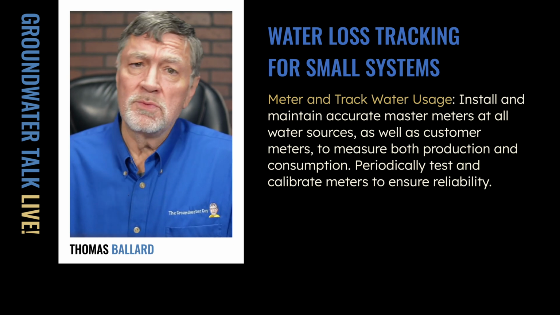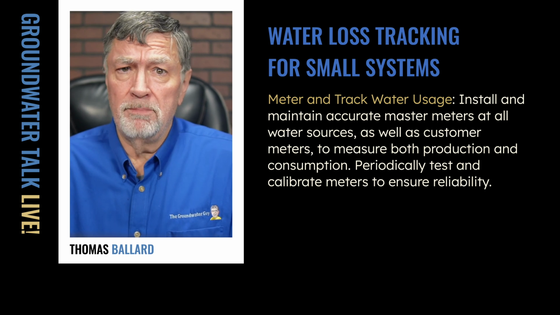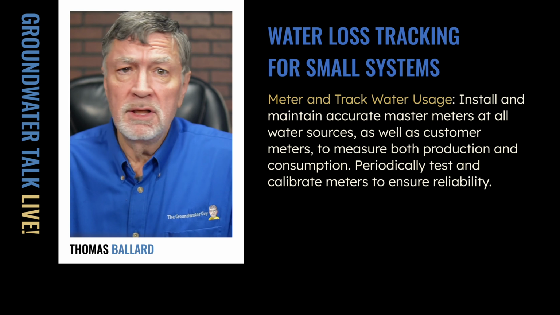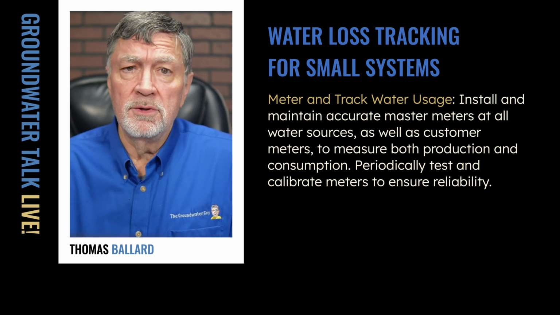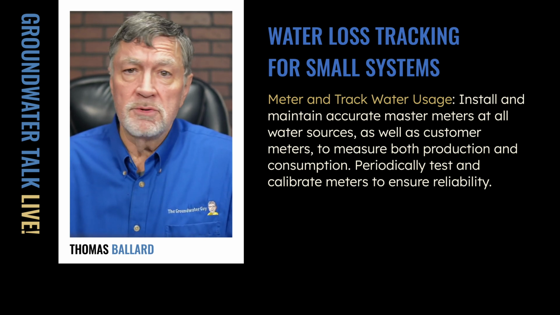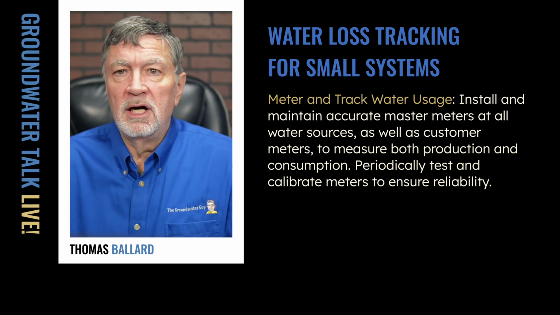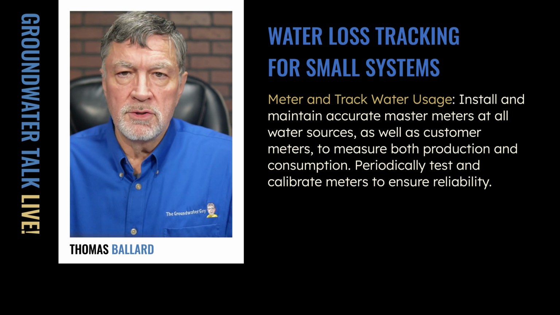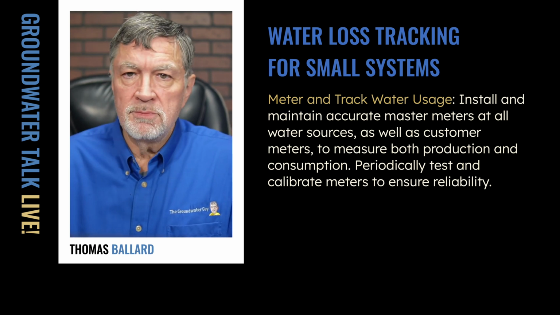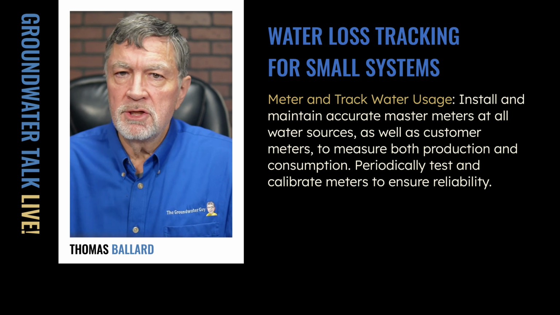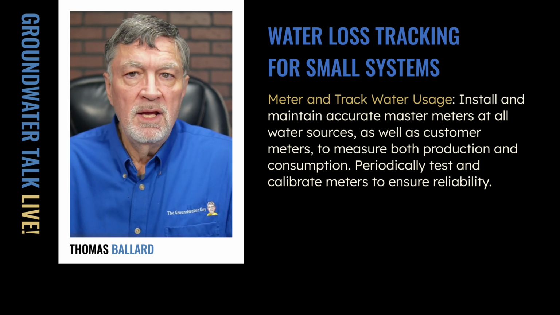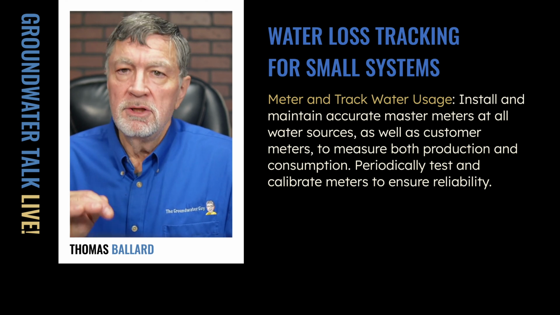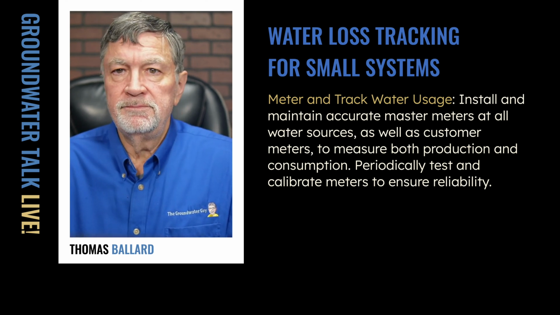And these days, where production costs are going up, it's really important to know how much water you're producing and how much water is going through your system in various places so you can track down the water losses. So installing and maintaining accurate master meters at all the water sources, as well as customer meters to measure both production and consumption. You want to periodically test and calibrate the meters to ensure reliability.